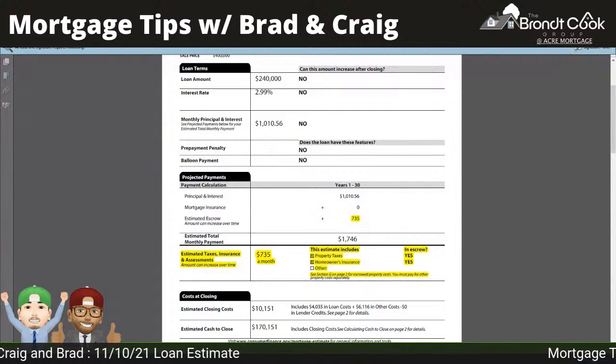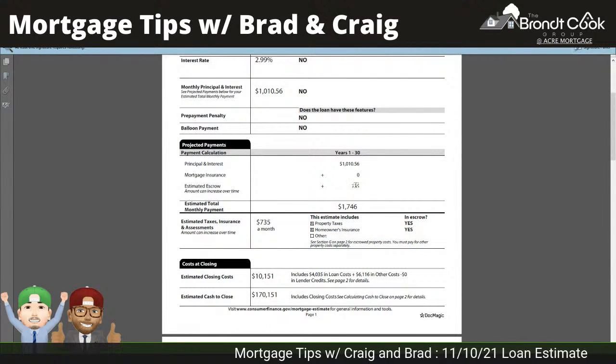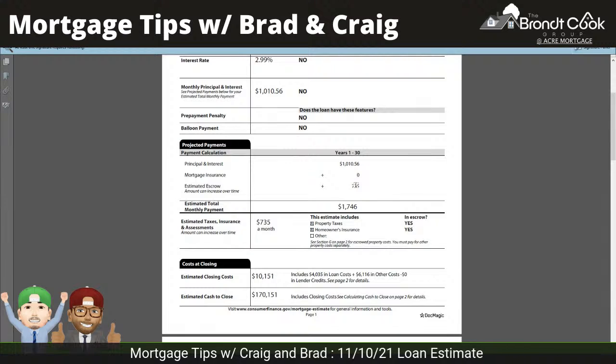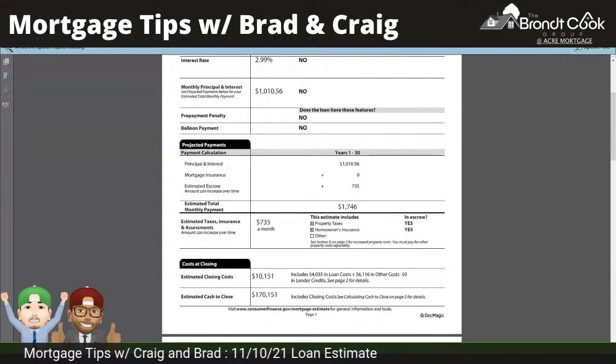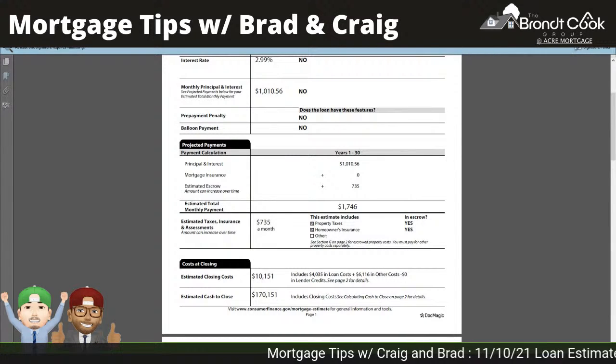Yeah. And for homeowners insurance specifically, a lender wants to make sure that you're covered 12 months in advance. That's why they're collecting enough to cover you if we close today on November 10th, 2021, that you're covered until November 10th, 2022.